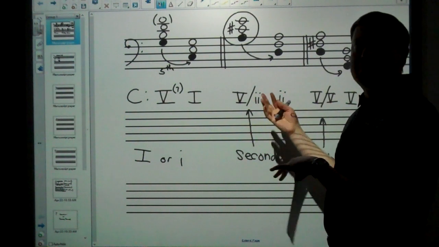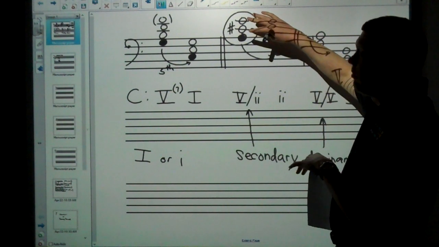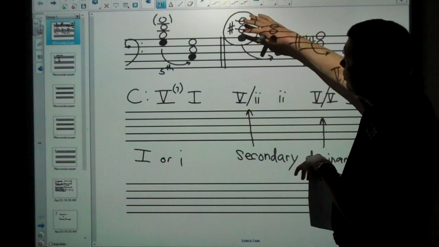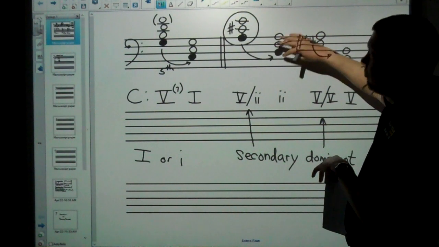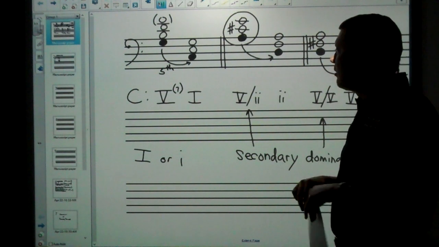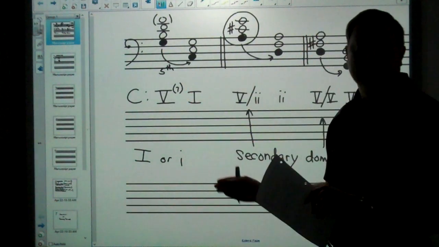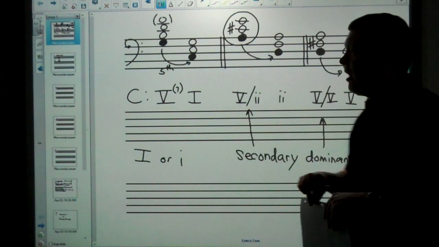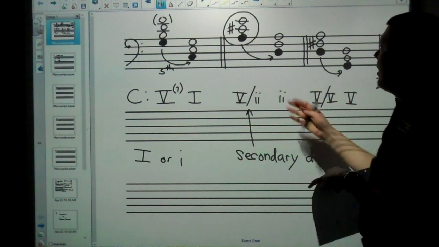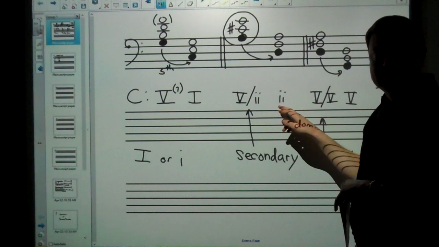And when we hear that motion, when we hear a major triad or a major minor 7th chord, both of which have dominant function, when we hear the root of that chord fall a fifth to the root of another chord that is major or minor, that sounds to our ears like dominant going to tonic, because we hear it so often. We hear it so many times. It's just that this process and this sound can happen with a chord that is not tonic.